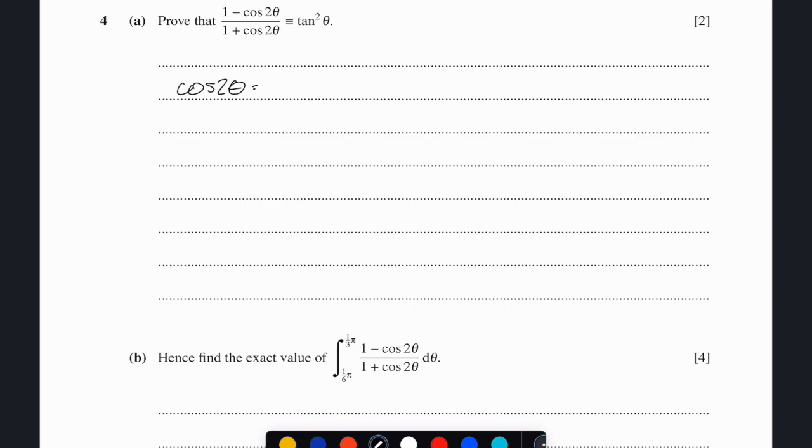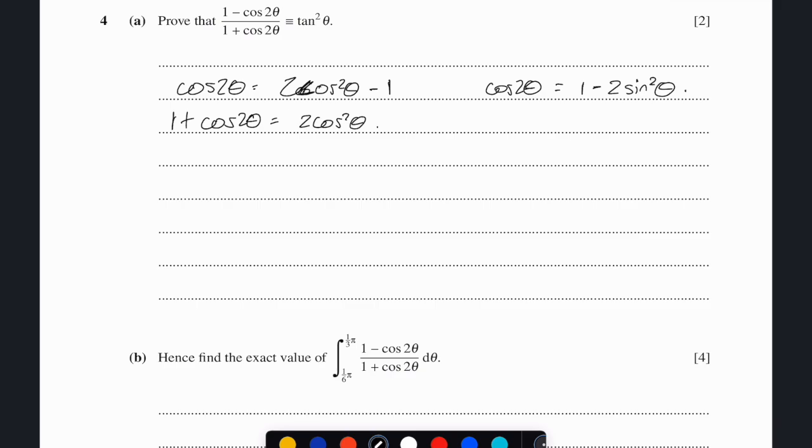Well, cos 2 theta is equal to 2 cos squared theta minus 1. Right? Which means that 1 plus cos 2 theta is equal to 2 cos squared theta. Now, meanwhile, cos 2 theta is equal to 1 minus 2 sin squared theta as well. I mean, that's another identity.